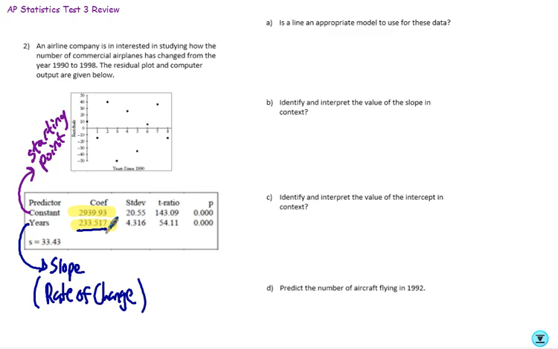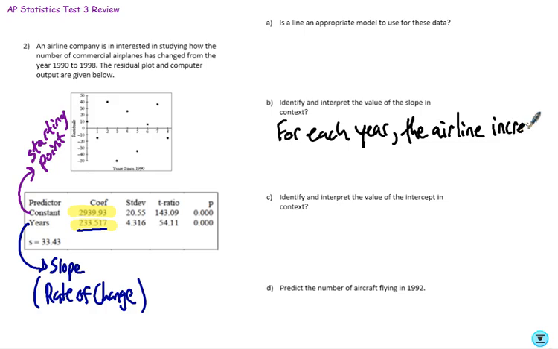Well, 233. So what we can interpret that as is that for each year, the airline increased, and again increased because that number's positive, the number of planes by 233 approximately, because we got that 233.517.